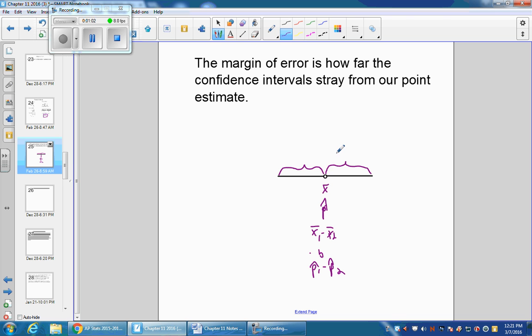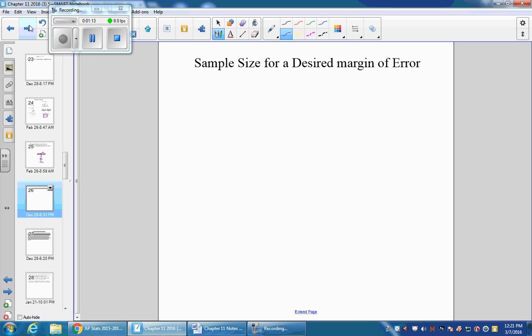The margin of error tells us how far we stray from that to estimate our mean at a particular value. If we want a particular margin of error, we could figure out the sample size needed for it. I'm going to go through two examples with a mean, and then do a proportion one in the next video.